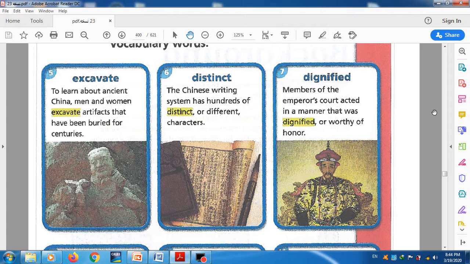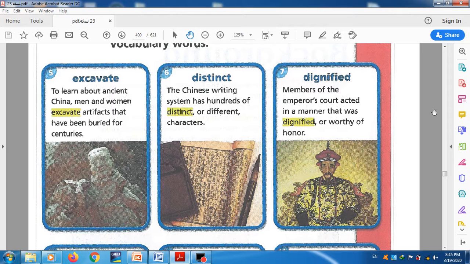So the word is distinct, and distinct here means different. And it can also mean clear. Number 7 is dignified. The example: members of the emperor's court acted in a manner that was dignified or worthy of honor.